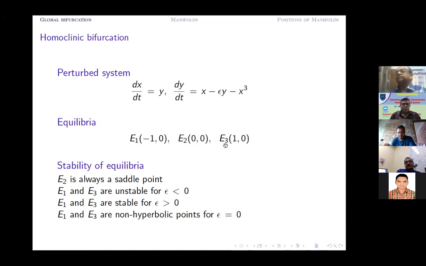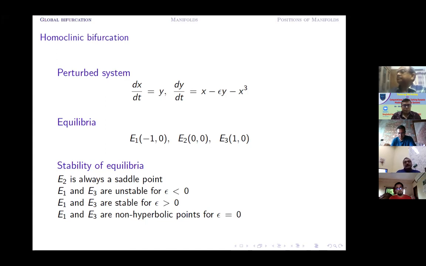Now, you can perform local stability analysis of these three equilibrium points. What you find is that E2, that is (0, 0), is always a saddle point. That means the Jacobian matrix of the given system evaluated at E2 will have one stable manifold and one unstable manifold, corresponding to one positive eigenvalue and one negative eigenvalue.